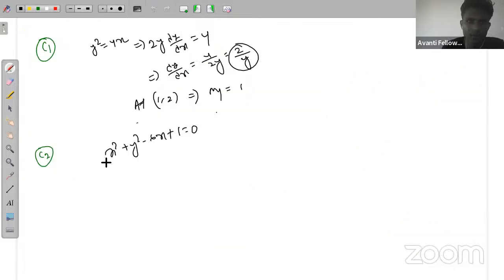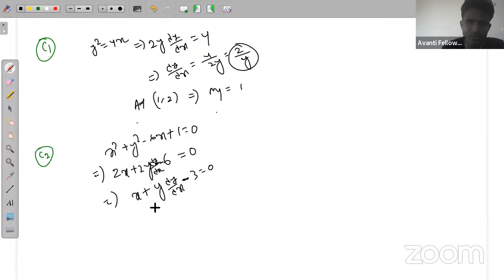Okay. Now, if you differentiate, what will we get? 2x plus 2y into dy by dx minus 6 is equal to 0. Now the 2 will cancel: x plus y dy by dx minus 3 is equal to 0.